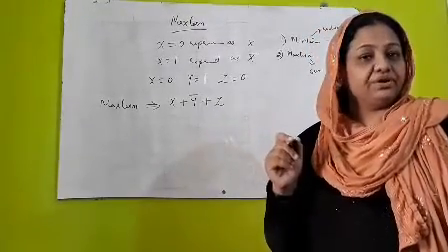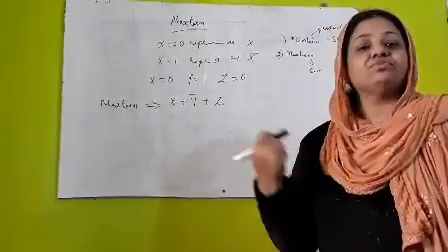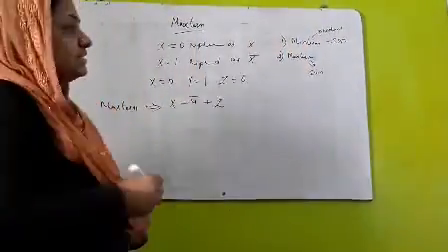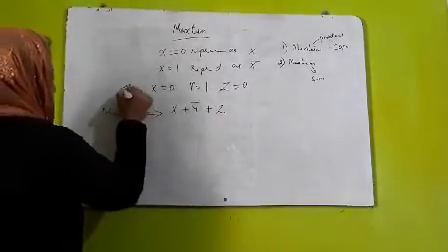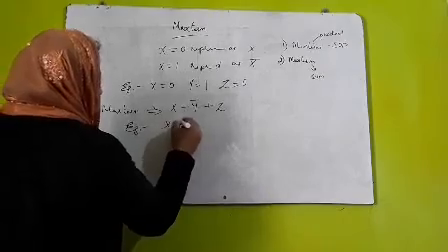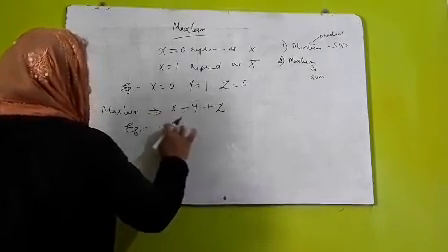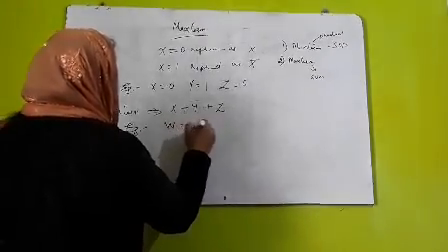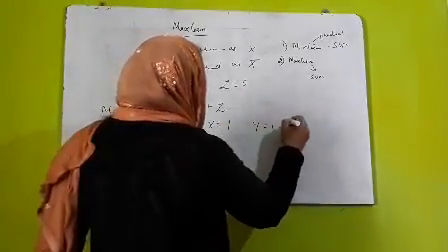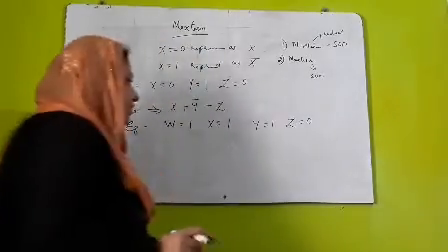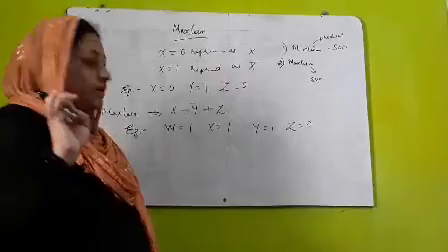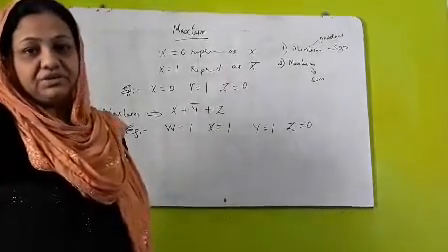Let's try one more max term. Let us take one more example and then we'll try to write the max term. Say for example, w is equal to 1, x is equal to 1, y is equal to 1 and z is equal to 0.